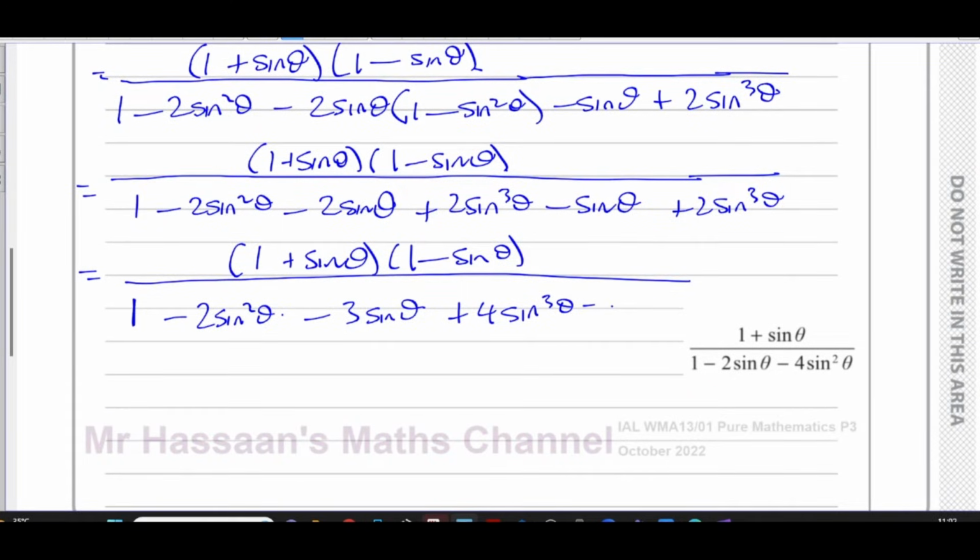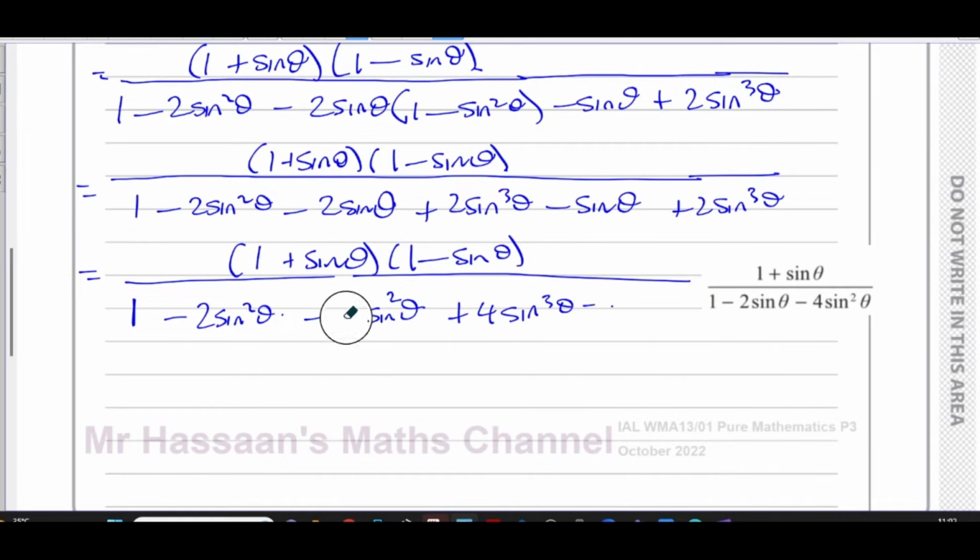Okay, what I'm going to do here is keep this in some sort of order. I'll write this as minus 3 sine theta minus 2 sine squared theta, just swapping them around so that it's more in order.